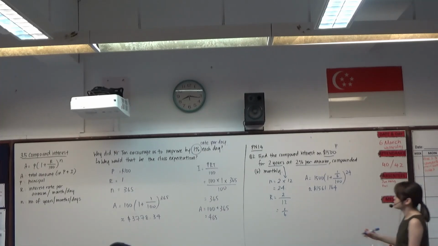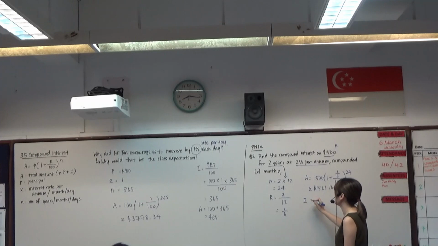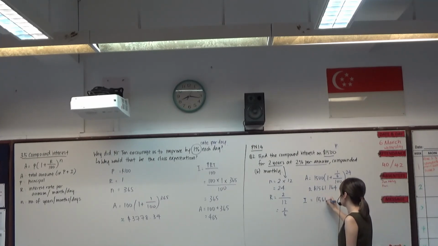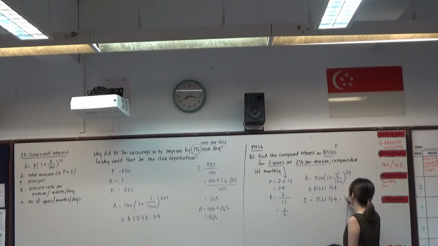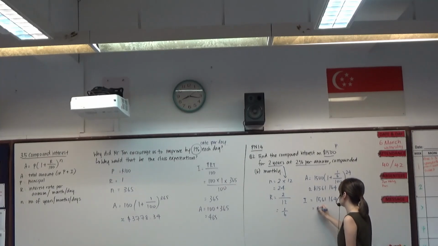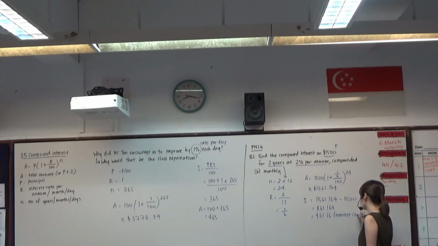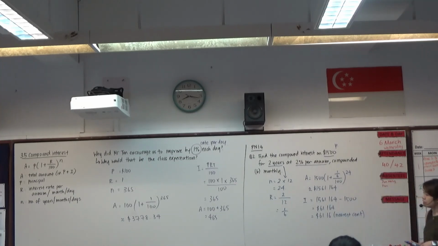The question asks for the interest only. So we need to take 1561.164 minus away 1500. We always give money rounded off to the nearest 1 cent. So that is 2 decimal places.